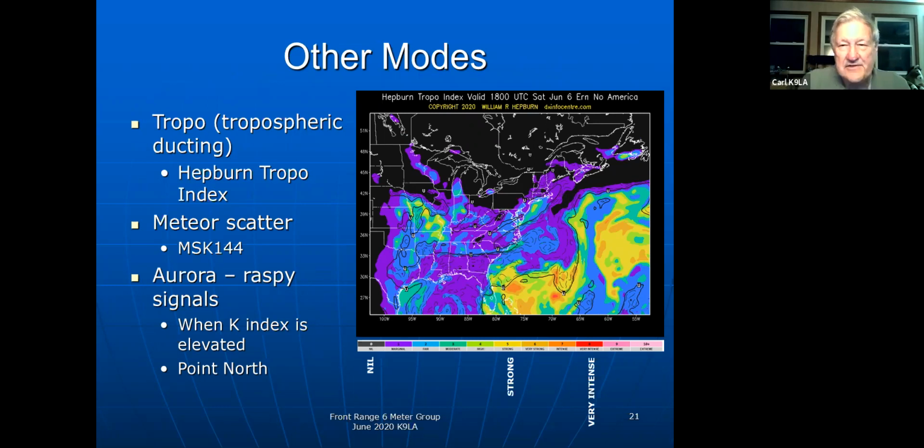And that picture was for Saturday, June 6th, Eastern North America. It shows that there were some strong possibilities of maybe some tropo on the East Coast. So I don't know how accurate those forecasts are. Maybe somebody can comment on that.